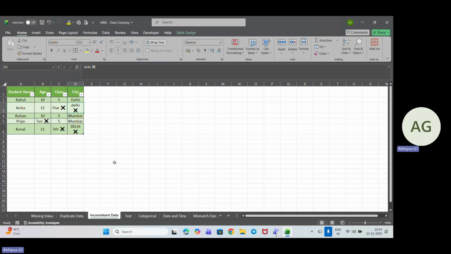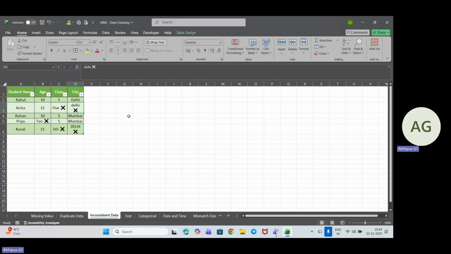The way I write it, it will take it the same way. Like if my variable in Python, I store the variable as Delhi with capital D, and next time I call the same variable with small d, it won't identify it, right? So I need to fix the inconsistency that is there inside my data. Fixing the inconsistency is a major thing that we need to take care of here.